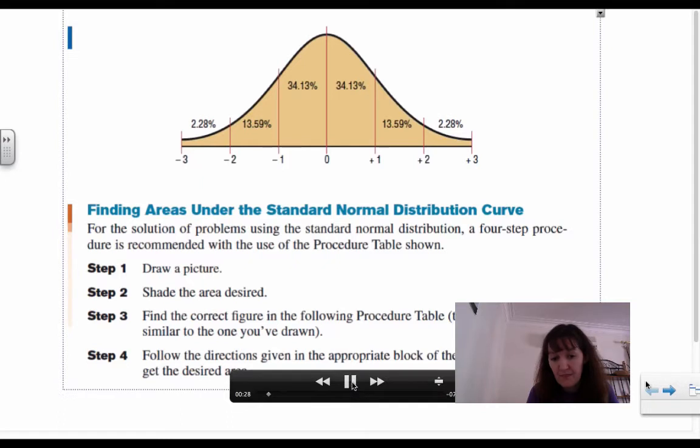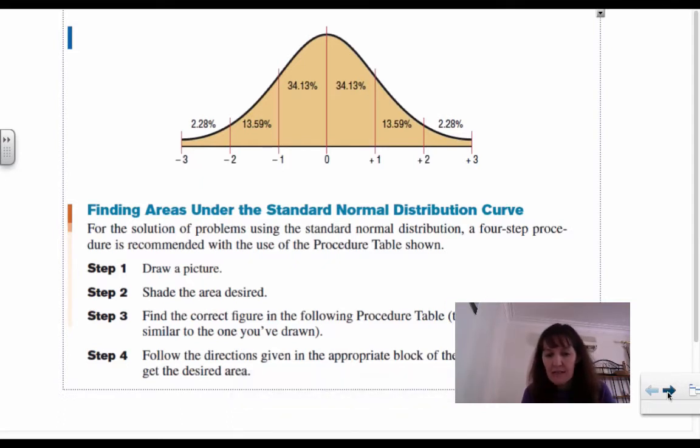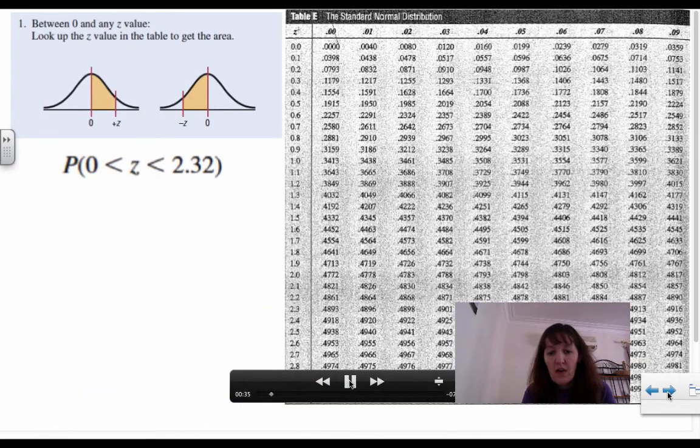So, going on to the next step. The first one is what happens if the z-score they're given is between 0 and the z. This is the easiest one to find. If it says, I want to find the probability that the z-score is between 0 and 2.32, meaning any given value is within 2.32 standard deviations of the mean, what's that probability?